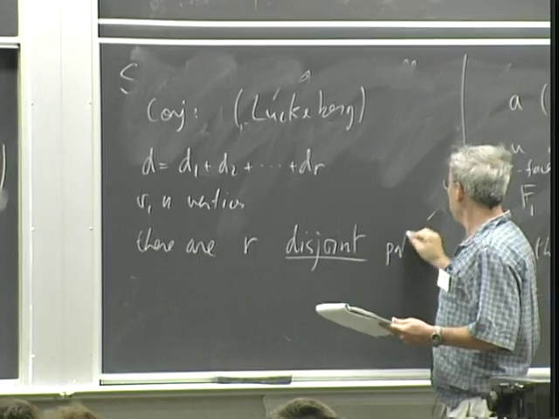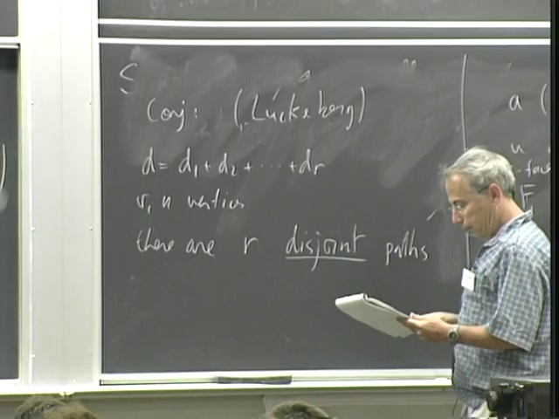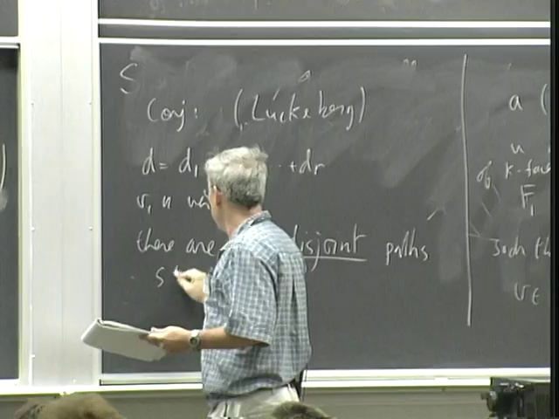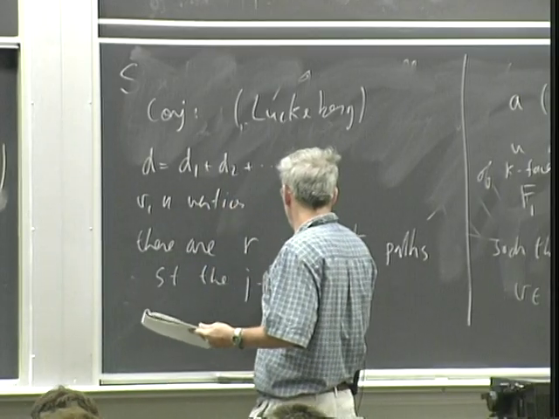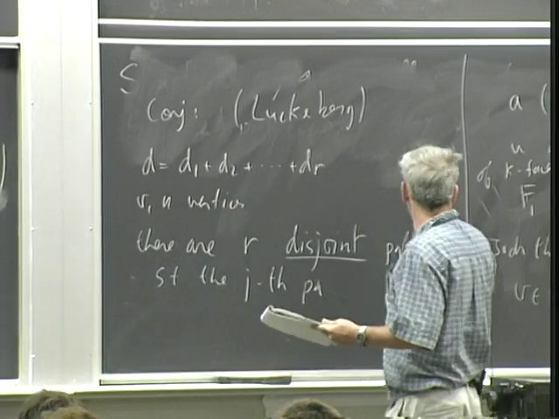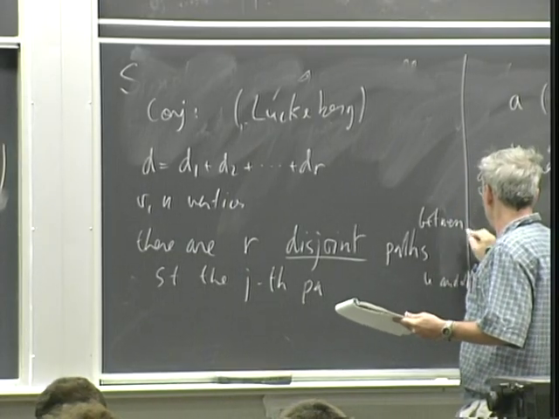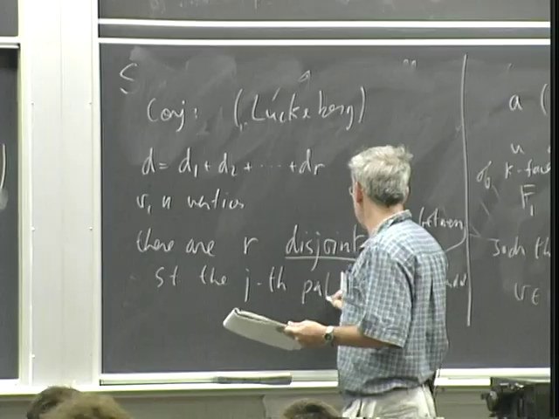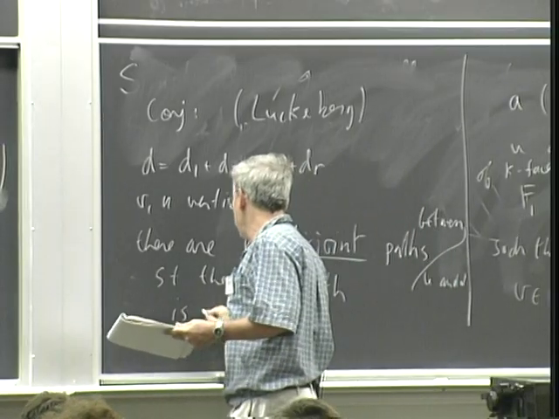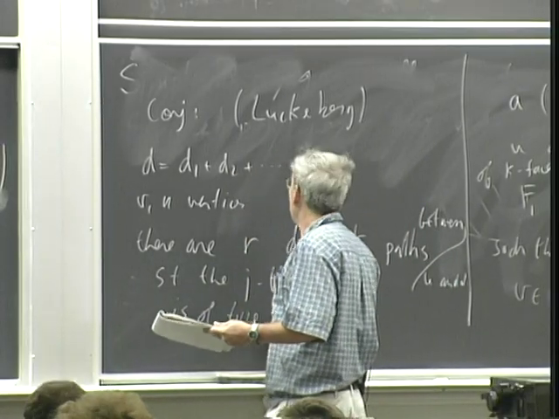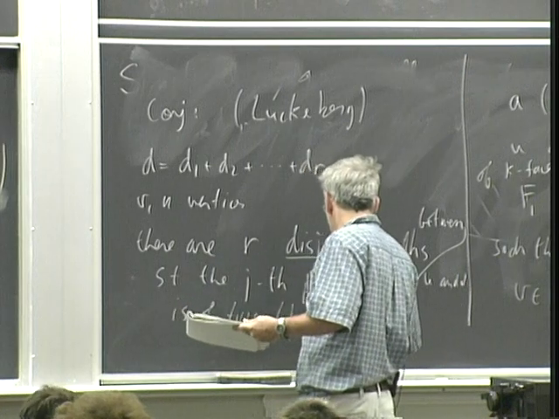Paths between U and V, such that the J's path is of type Dj minus 1.